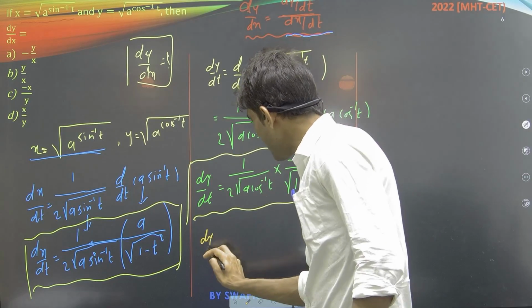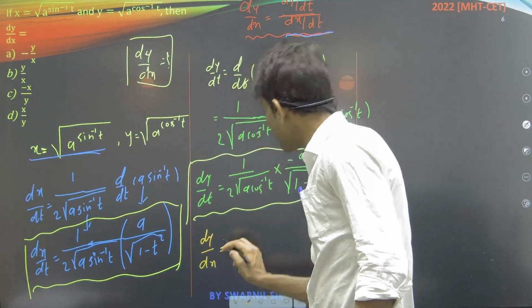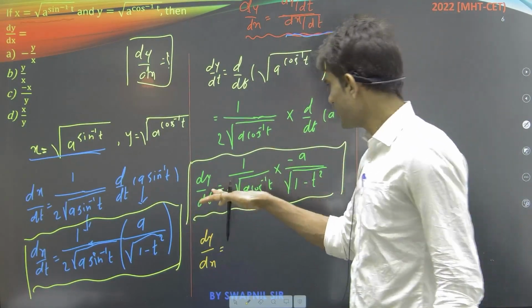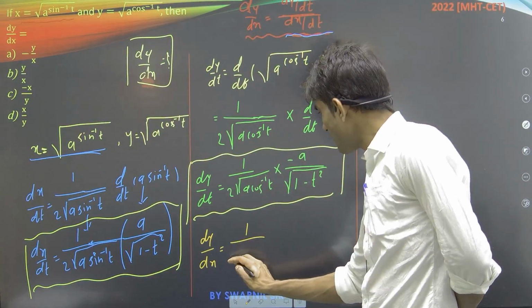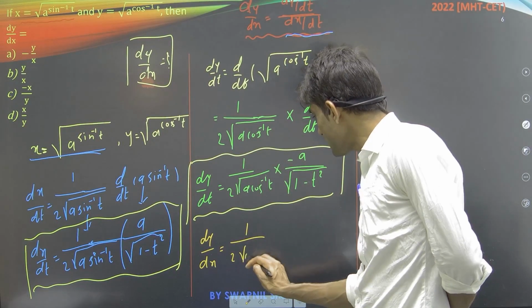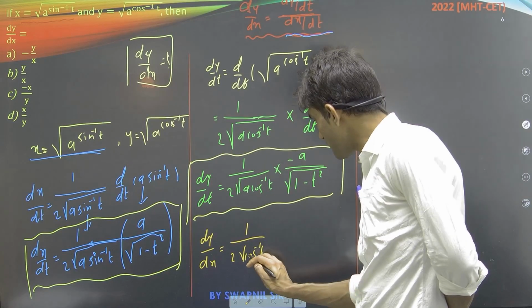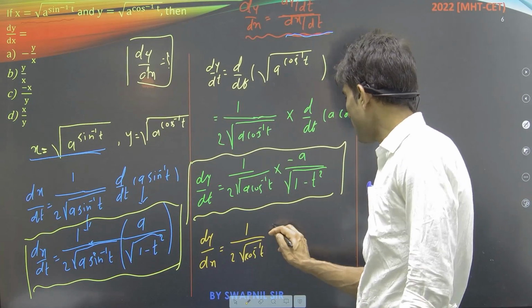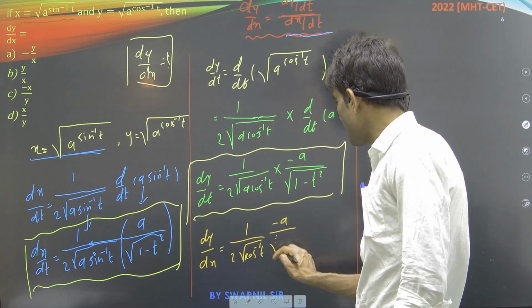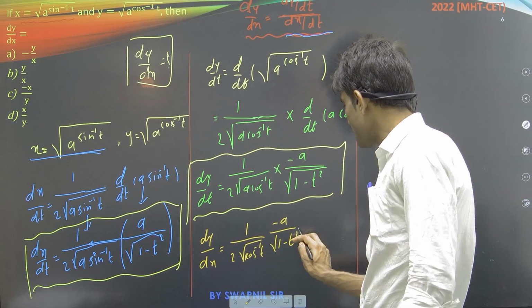The value for dy by dt is 1 upon 2 times square root of a cos inverse of t, multiplied by minus a upon square root of 1 minus t square.